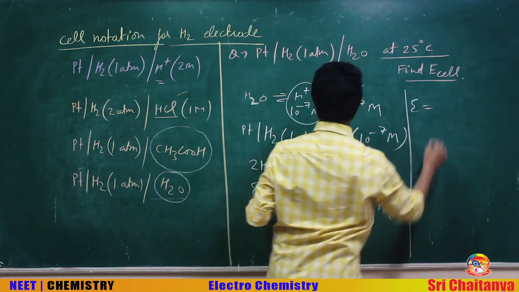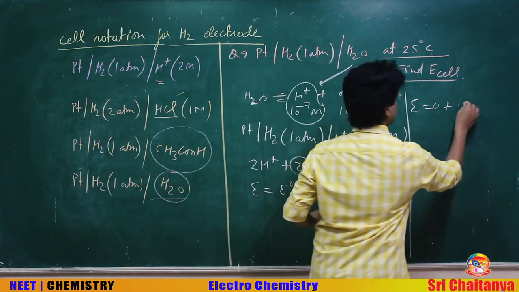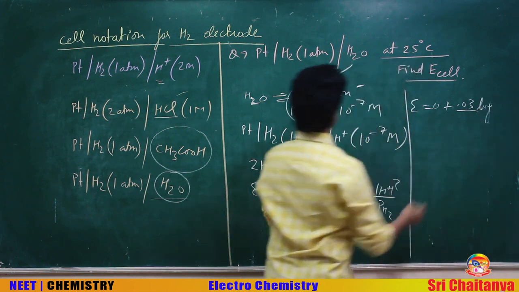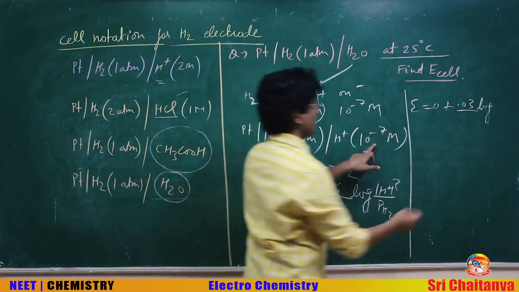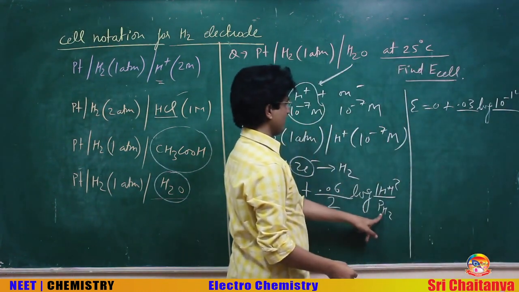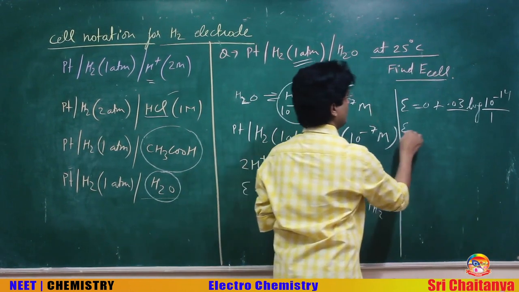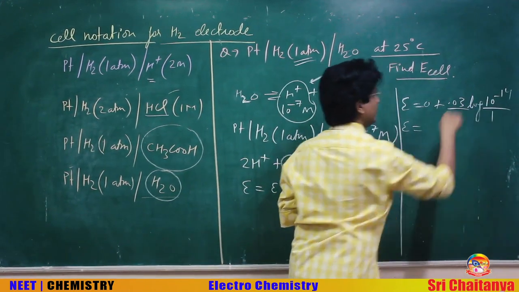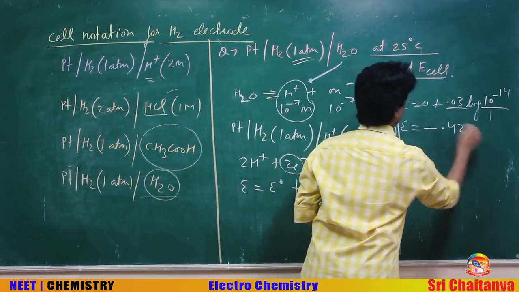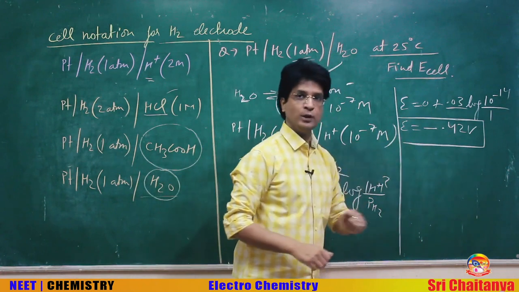E naught is 0, so 0 plus 0.03 log of, so H ion is 10 to the power minus 7, that will be 10 to the power minus 14, upon partial pressure of hydrogen given as 1 atm, so upon 1. So E will be, on solving it, minus 14 into 0.03, that is minus 0.42 volt. So that is how you are going to solve this equation.